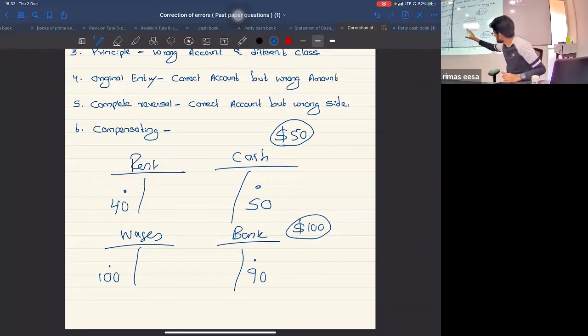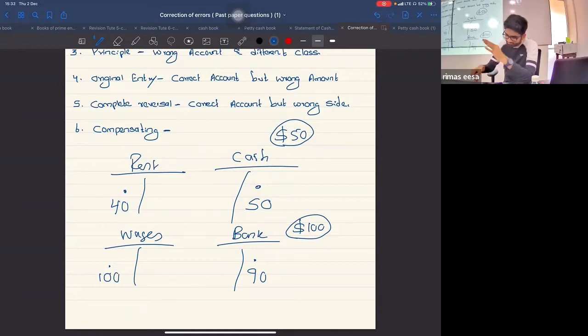If you look at only the second error, it will not balance. But if you combine the two errors together, total debit and total credit will be equal. So the definition of compensating is two errors combined together cancel out each other and your trial balance will be equal.